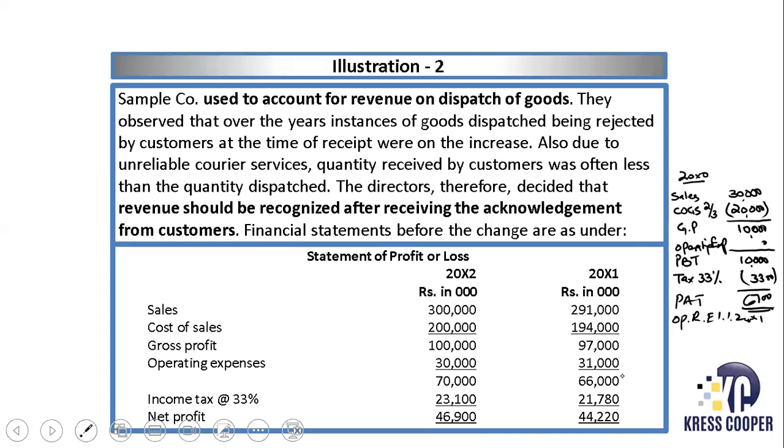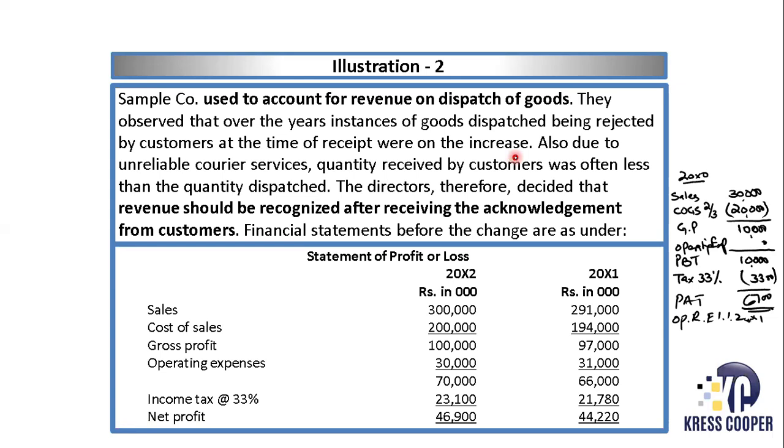So what came up is that they observed that over the years, instances of goods dispatched being rejected by customers at the time of receiving the goods is increasing. Means when you are dispatching, you are saying that now the control has been passed to the customer, at the time of dispatching from your factory gate, and the customer was saying, okay, that's fine.